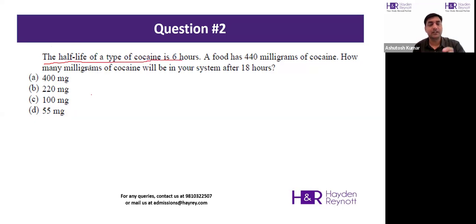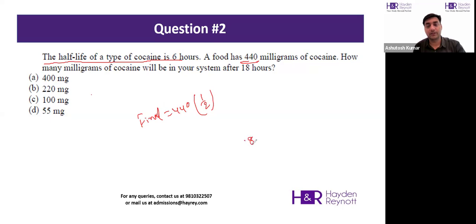It is given that the half-life of the type of cocaine is 6 hours. It means any cocaine will remain half only after 6 hours. Okay, so what formula can we apply here? Final is equal to original, which is 440 in this case, into multiplier, which is half, to the power n. N is the number of changes.